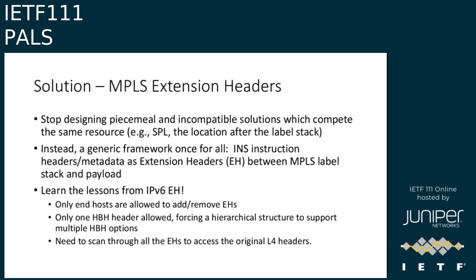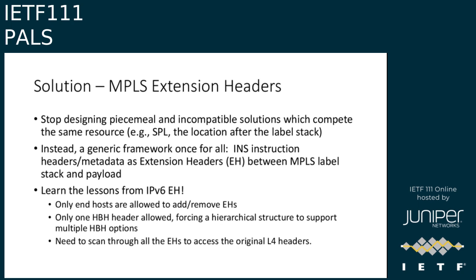This concept is very similar to the IPv6 extension header, but we should be aware there are many issues with the IPv6 extension header and some lessons we need to learn. For example, for IPv6, only end hosts are allowed to add and remove extension headers. But here, we do that only in networks. And in IPv6, only one hop-by-hop header is allowed.